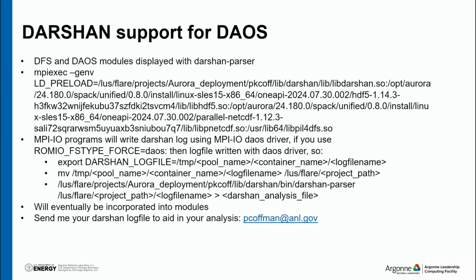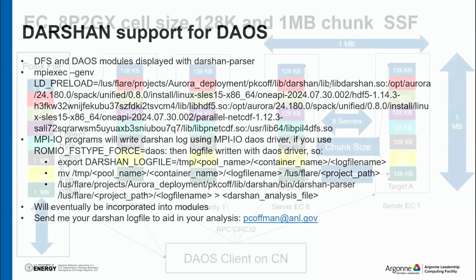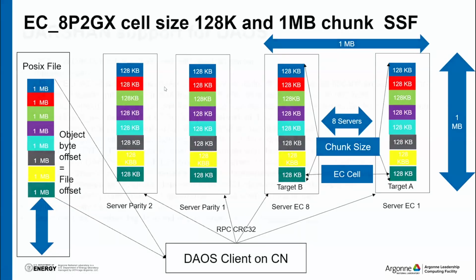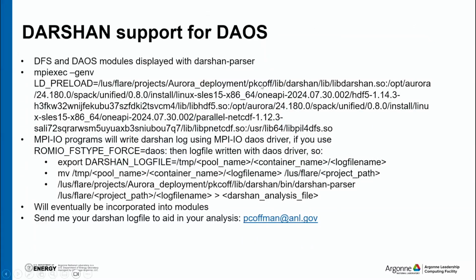As Kaushik touched on, there's Darshan support for DAOS. Use darshan-parser. There are now DFS and DAOS modules with DFS files and DAOS objects, UUIDs that you can get information on. You can either build Darshan yourself with the Spack install, as Kaushik mentioned, or I've got a pre-built one on Aurora that you can use basically with this LD_PRELOAD command.